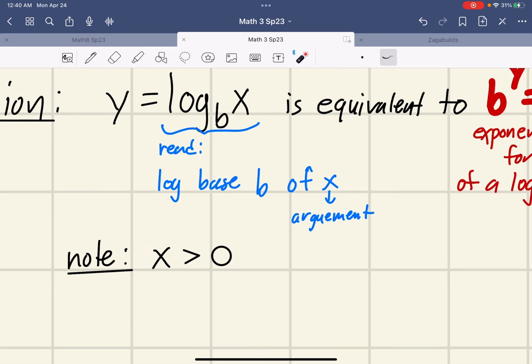Cannot be equal to it, strictly greater than 0. And just like the base for an exponential, the base for a logarithm also has restrictions. It's either going to be bigger than 1 or it's going to be in between 0 and 1. It can't be equal to 0. It can't be equal to 1 because it will not have the behavior of a typical logarithm.